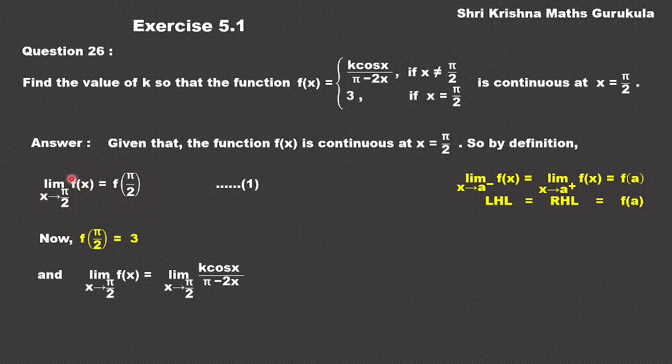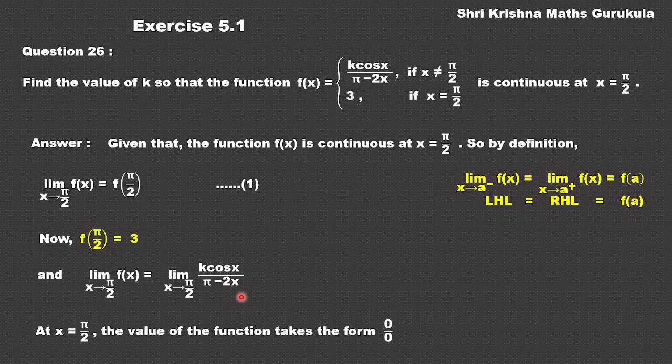We have to evaluate the limit of the function. So limit of f of x as x tends to pi by 2 is equal to limit of k cos x by pi minus 2x as x tends to pi by 2. Now the moment you substitute pi by 2 for x in this expression, it takes an indeterminate form, which is 0 by 0. So it is not defined at x equal to pi by 2.